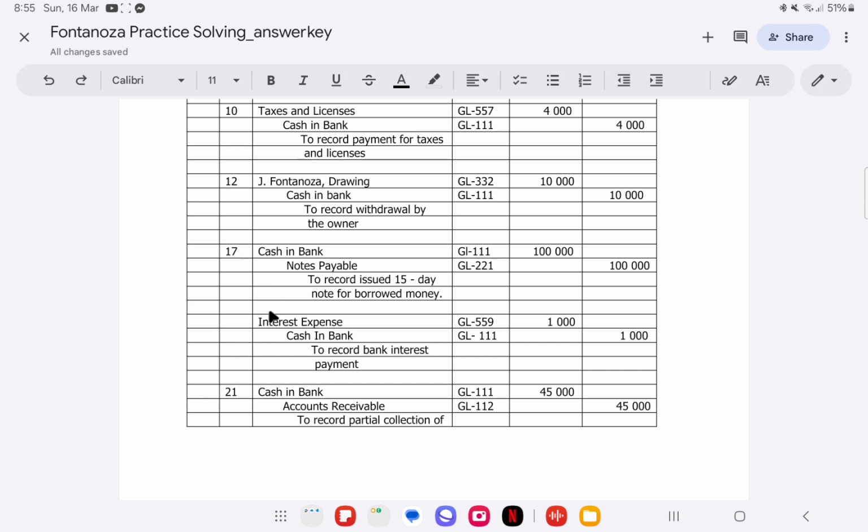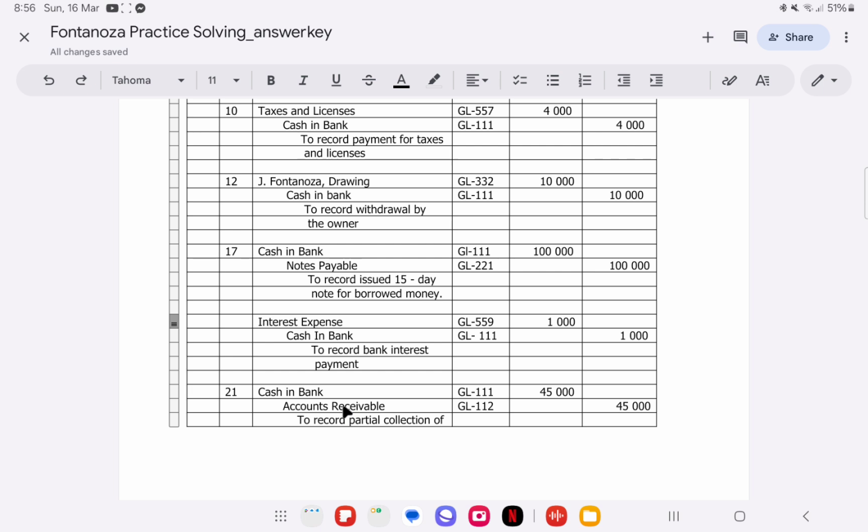Okay, so since we have two transactions on the 17th, you don't need to write the date again, that's understandable. That belongs to transaction number 17. Okay, so the debit is interest expense 1,000, credit cash in bank 1,000, to record bank interest payment.